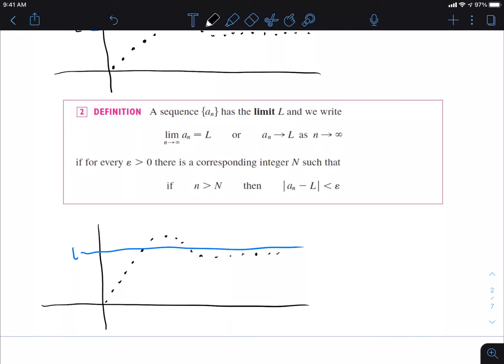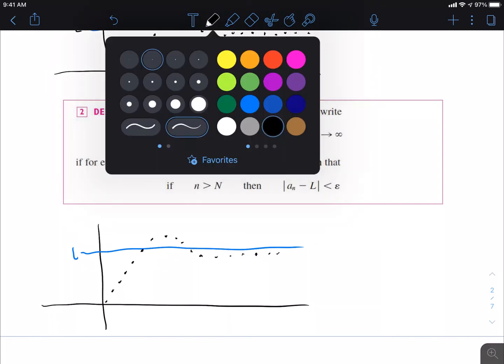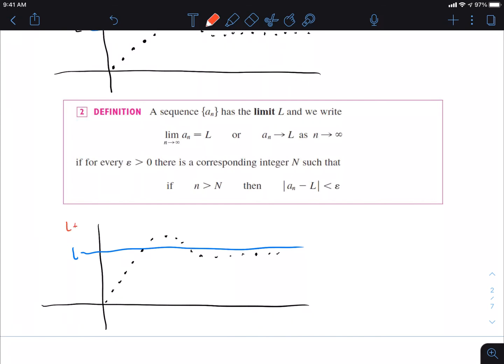There's potential for margin of error, so I'll use red for that. So L plus some acceptable margin of error is going to be here, and L minus some acceptable margin of error is going to be here. As long as my function falls within that margin of error, we are fine. That's all that's saying.